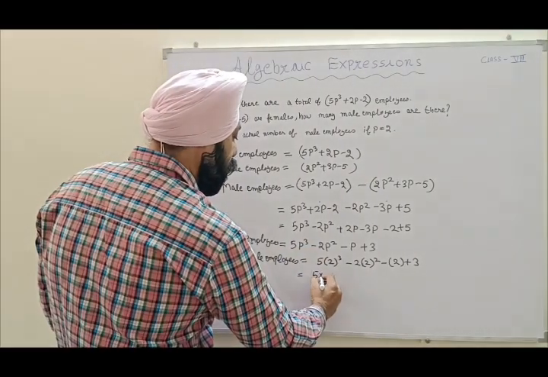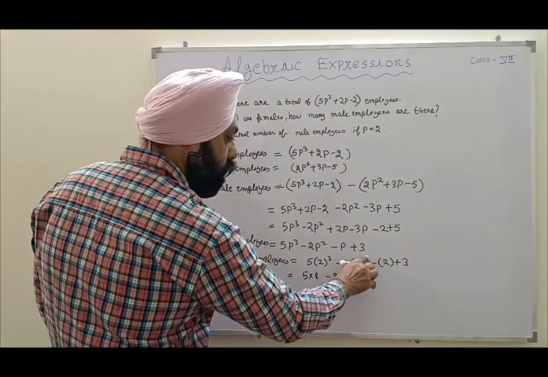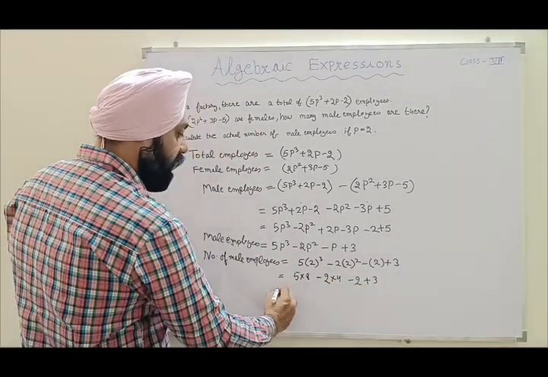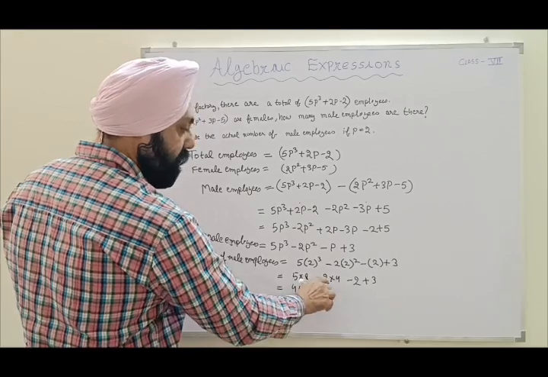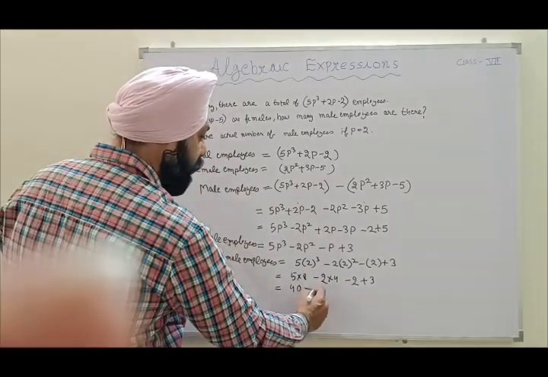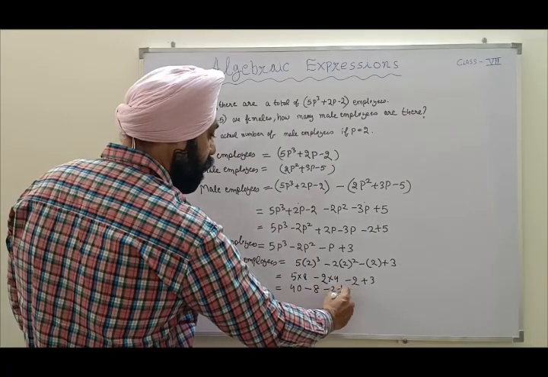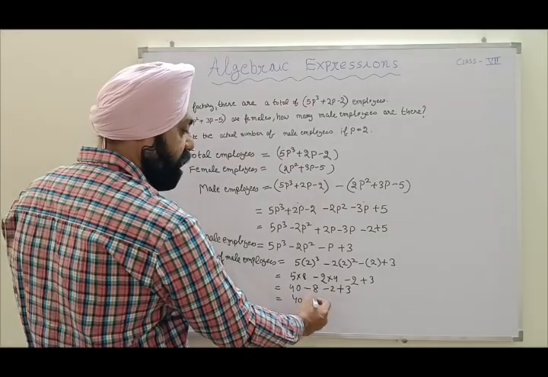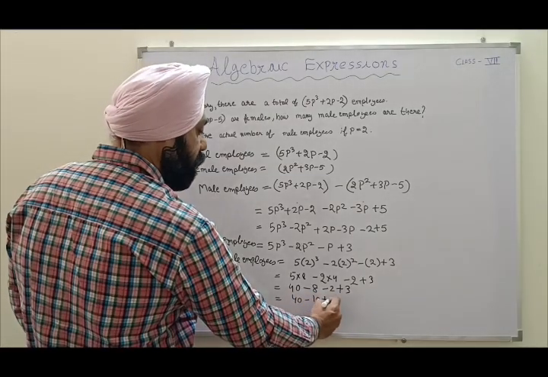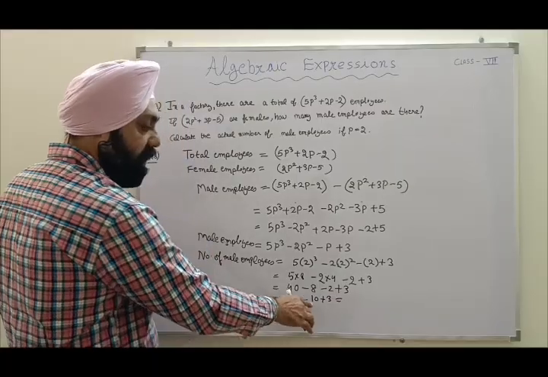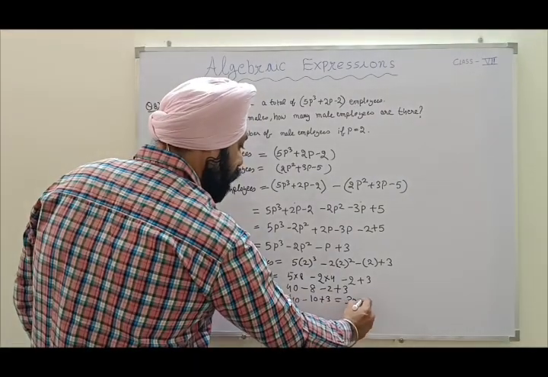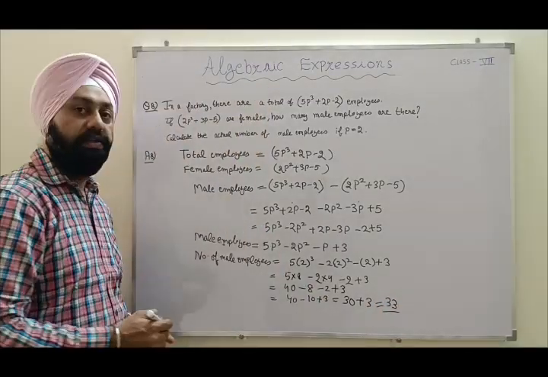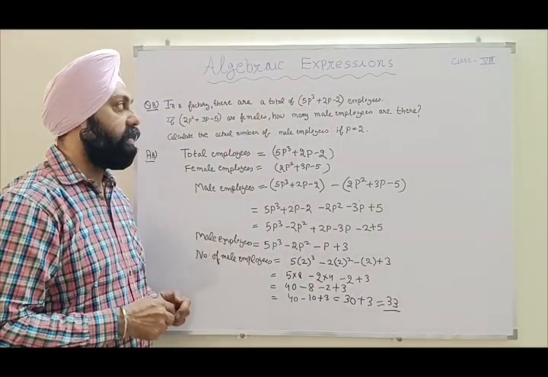So it will be 5 into 8 minus 2, 2 square will give 4, minus 2 plus 3. 5 into 8 will give 40, minus 2 into 4 will give minus 8, minus 2 plus 3. So 40 minus 8 minus 2, I combine them together to get minus 10 plus 3. So 40 minus 10 will give 30, plus 3 will give 33. So there are 33 male employees in the factory.